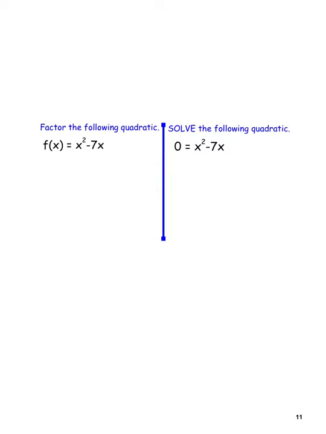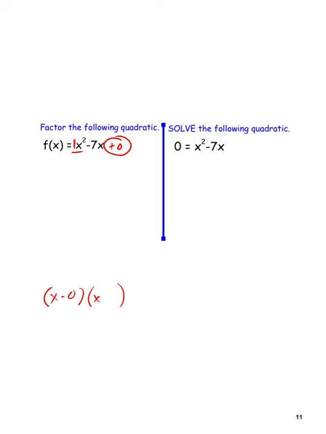A couple last ones here. You can see these are a little unusual because they do not have a C term. That C term is really just a +0 here. So we have to think about what multiplies to be 0. Well, the only way you get 0 through multiplication is if one of the terms is itself 0. So what that tells us is we really have an x and an x here because of that 1x squared for the first term.